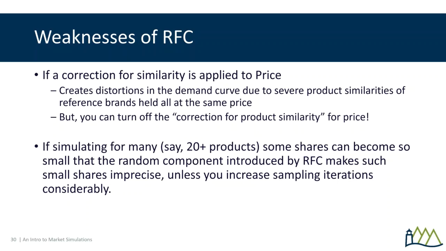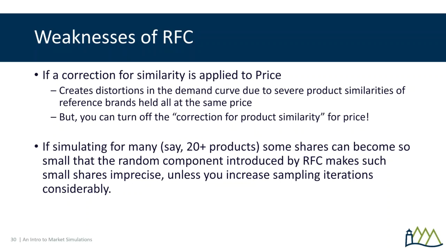So if there's another product that's closely priced to mine, we would actually be penalized in randomized first choice for that, versus the person that maybe even had a higher price but it was significantly different. They would actually get a little bit of a reward in terms of the error terms that we generate for that. But we allow you to turn correction for product similarity off for attributes like price, where that doesn't really make a lot of sense. And so randomized first choice can be very well tuned for that sort of thing.